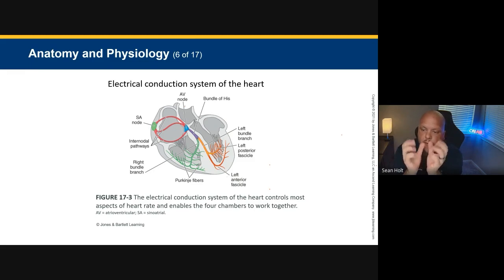Instead, maybe for that one beat, it contracts sideways. All right? The electrical signal has flowed in a different pattern than it's used to. Now, you're used to your heart beating a certain way, right? But if for one beat, it beats sideways, you're going to be like, whoa, that felt weird.